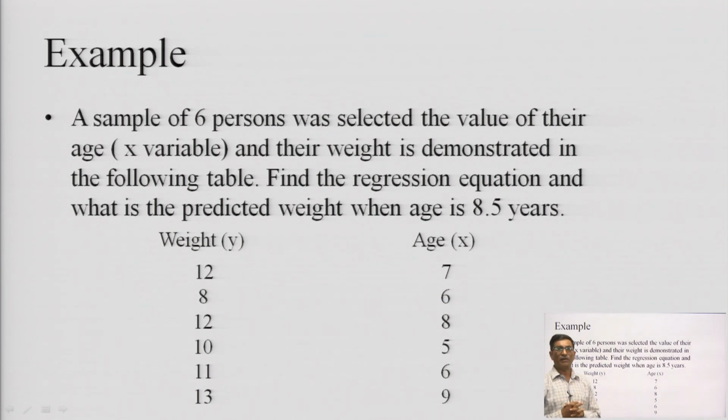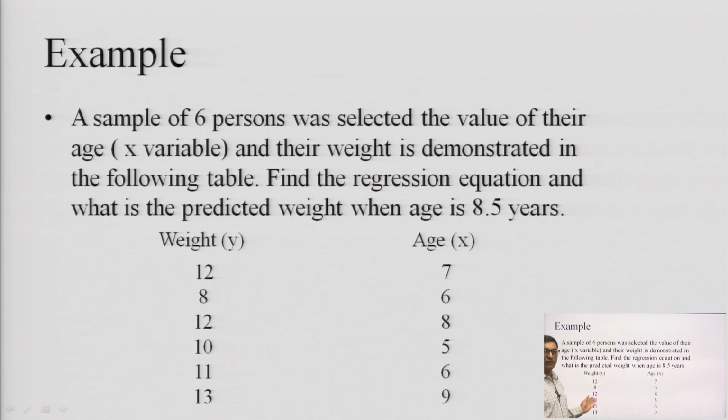Here we have in our example 6 persons and the variables are 2, age and weight, and as we know weight depends on age. So, we take weight as the dependent variable, and age as the independent variable. So, we take age as x and weight as y.